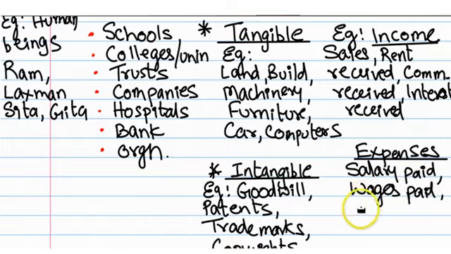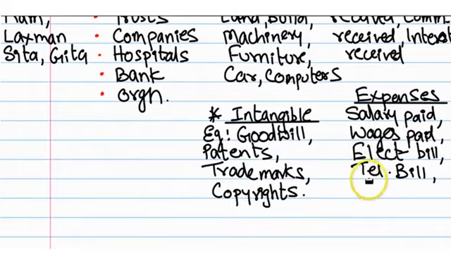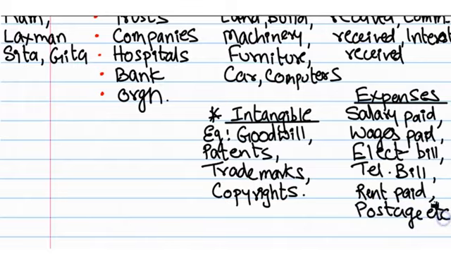Apart from this, electricity bill, or telephone bill. All sorts of expenses, like rent paid, even postage, and so on. Any expense which is incurred for the purpose of business is included in nominal account.